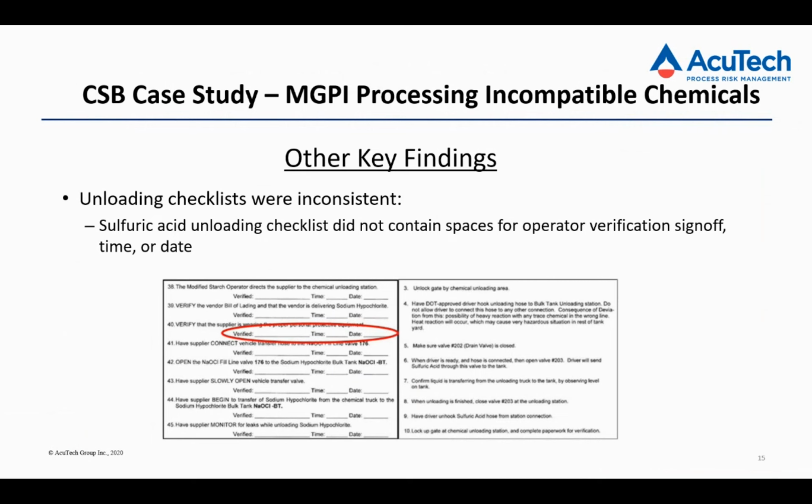Now here you see on the left the hypochlorite procedure with the really well laid out steps, one step per line, place to sign off or initials, time and date, and on the right the sulfuric acid procedure, which looks more like prose rather than a procedure or a checklist.